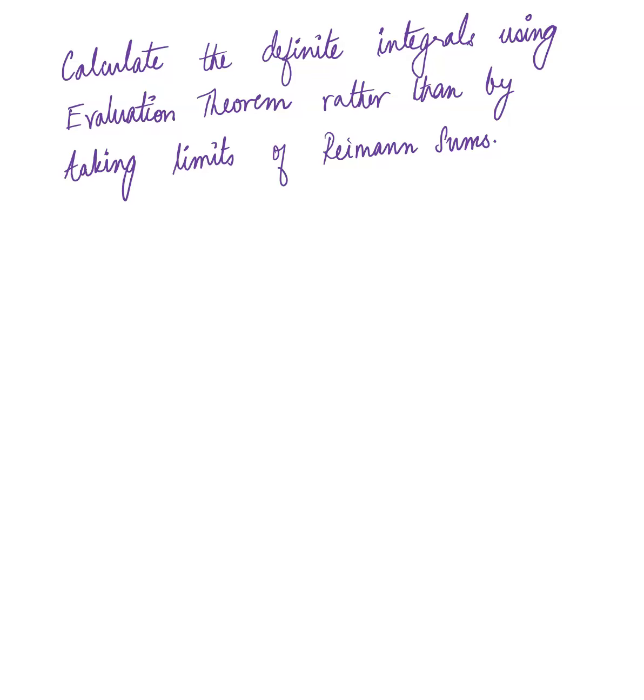So that, as you know, was quite cumbersome for us to do. So they're saying don't do that, rather use evaluation theorem, because it's going to make it so much easier.